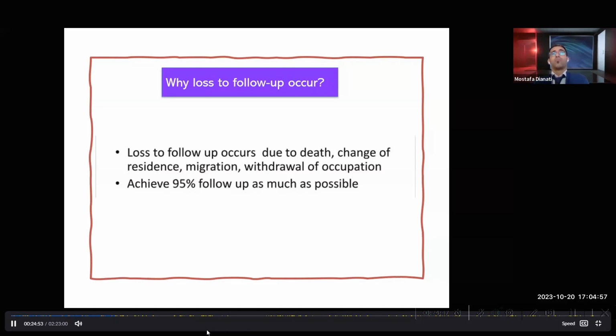There is no benefit for them, so they will decide to just withdraw from your study. So these are the main reasons for lost to follow-up. And basically in epidemiology, we say achieving about 90 or 95% follow-up is really perfect if we can have it. However, if it's not possible, maybe we can find really reasonable logic for that.